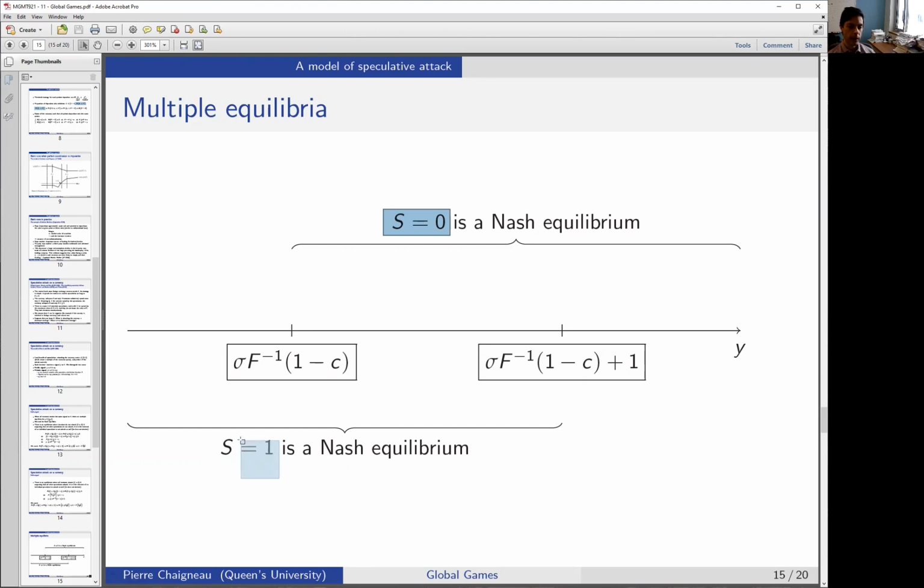Or everyone can attack, in which case the currency will collapse and it will indeed be optimal for anyone and everyone to attack. Okay, so what's happening here is very similar to what we had in the Diamond and Dybvig model. It's a coordination game with multiple possible outcomes. So again, this is not great because we cannot really predict what's going to happen in this interval.